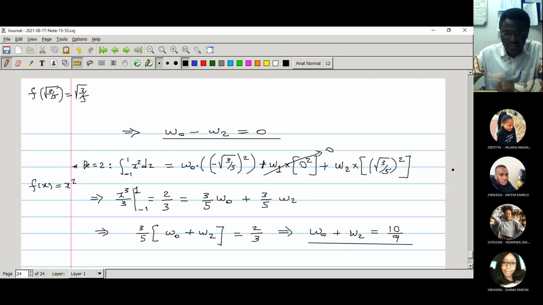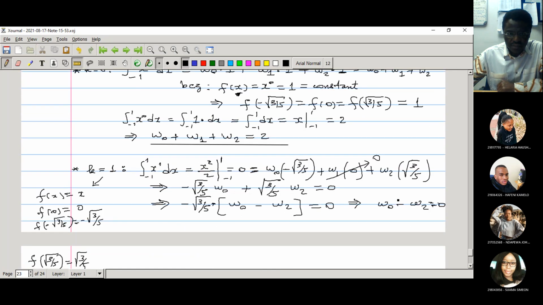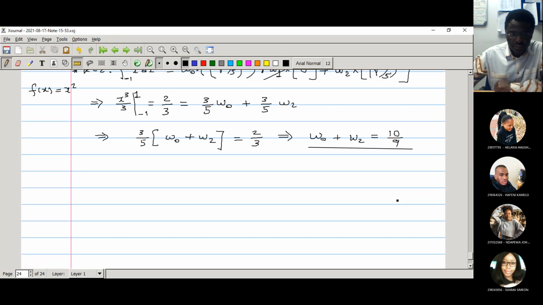So you see that we have 3 equations in total. So let me group all these equations. So this is our system. So our system is W0 plus W1 plus W2 is equal to 2.